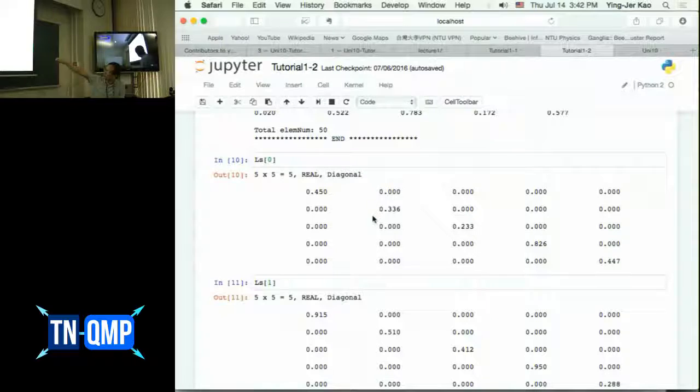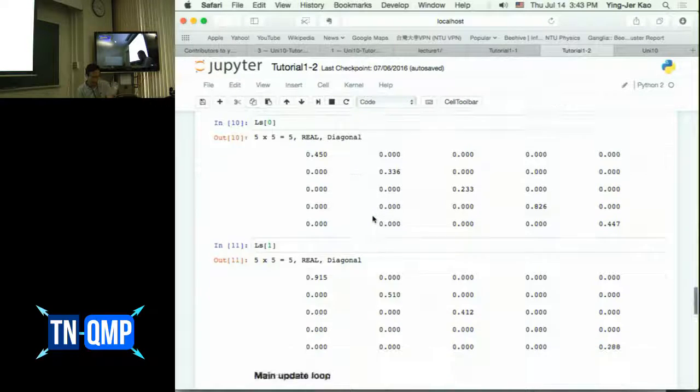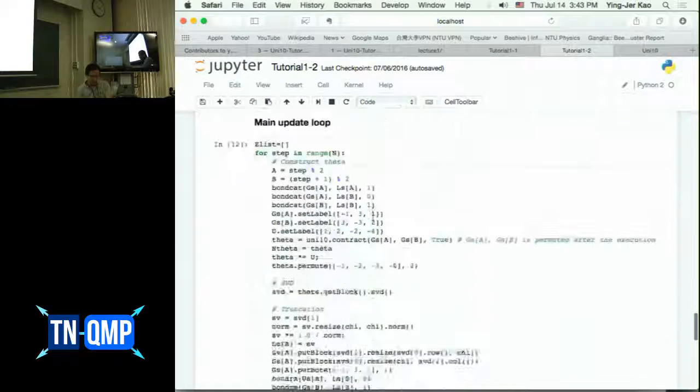Okay, so we don't have a vector in our library, but we have this so-called diagonal tensor. The good thing about this diagonal tensor is that when you try to contract lambda and the tensor, it's just a tensor operation. It's a matrix operation. So these are the updates here.